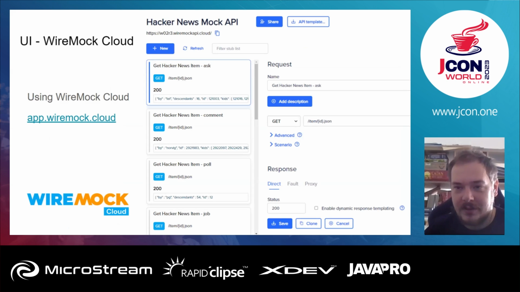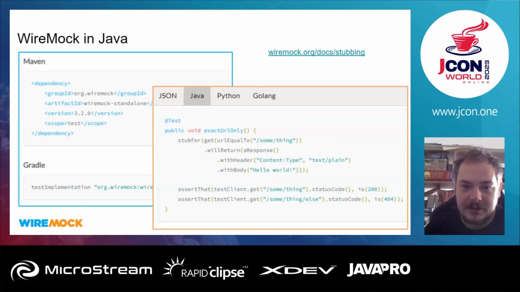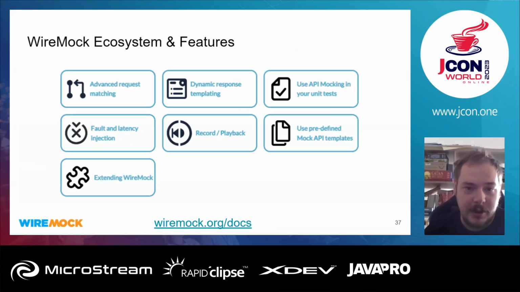If you like, you can configure it in the UI, but normally you would do it in code. In code, we provide WireMock as a Java library. You include it and then you just write tests. You can use a test container, or you can use a native implementation that is provisioned as a rule within the same JVM. If you want, you can run definitions for any language you want.